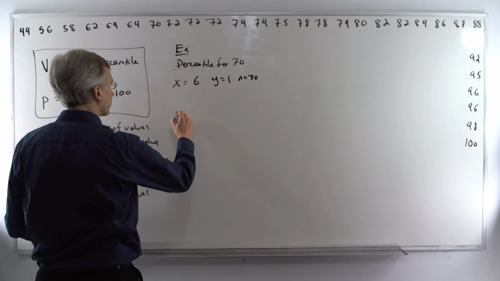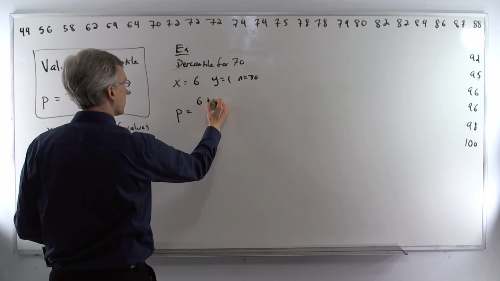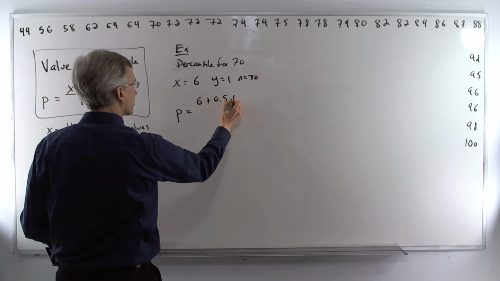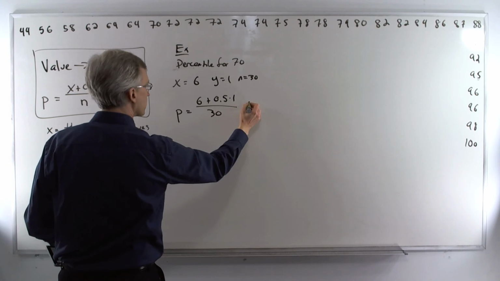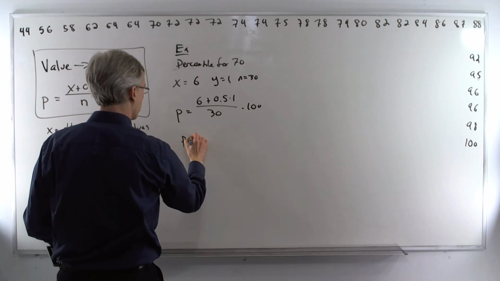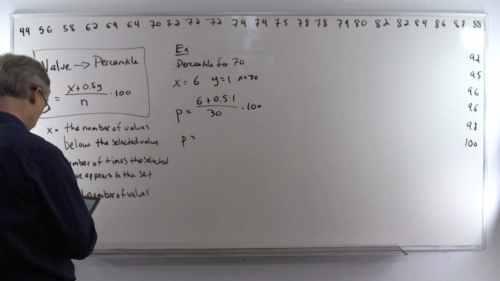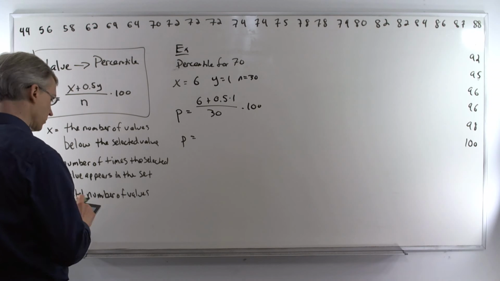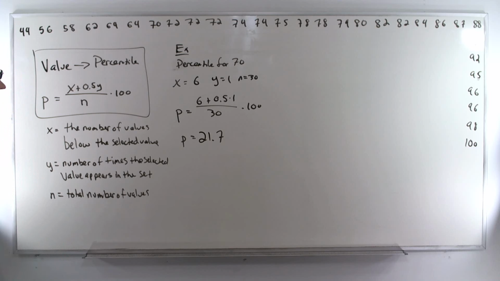All right, let's plug these in and see what we get. P equals 6 plus 0.5 times 1, over 30, times 100. And we get 21.7.